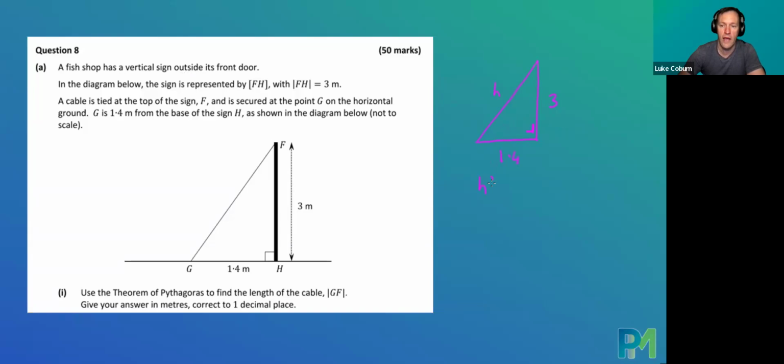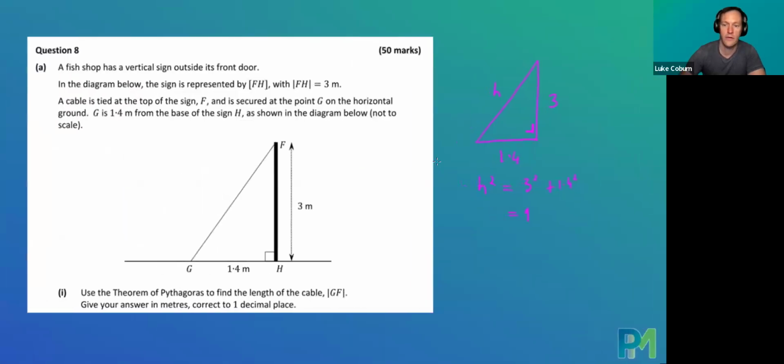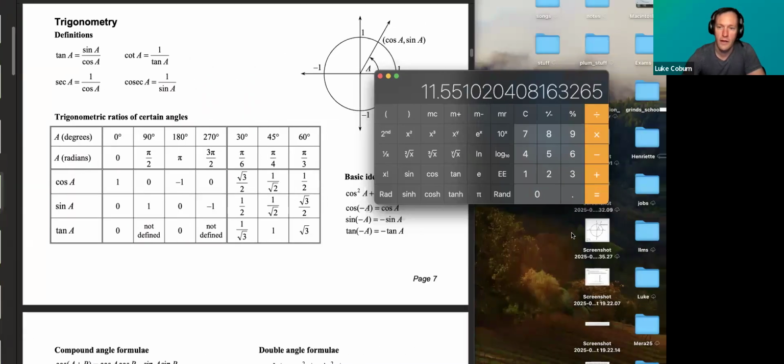And let's use Pythagoras. H squared is equal to 3 squared plus 1.4 squared. 9. And then let's go, this calculator can do it this time. 1.4 squared plus 9. So that's 1.96, so this ends up being 11.5510.